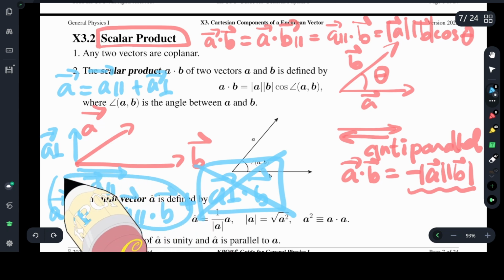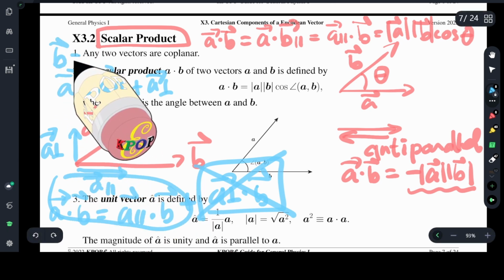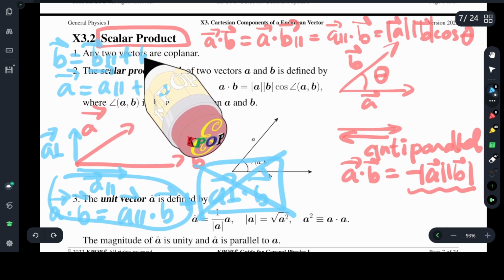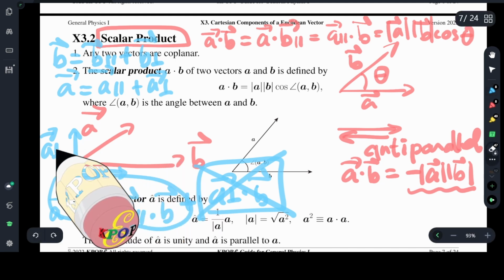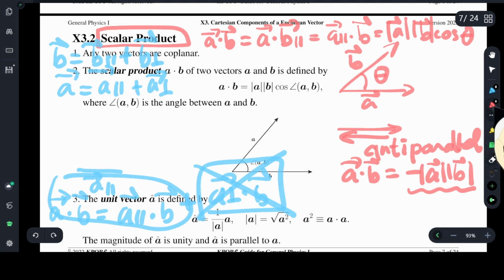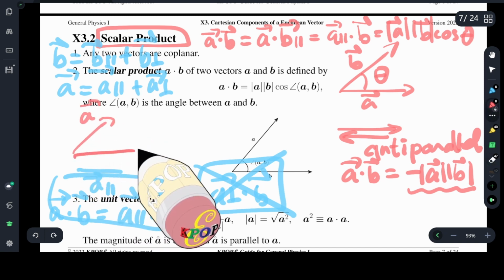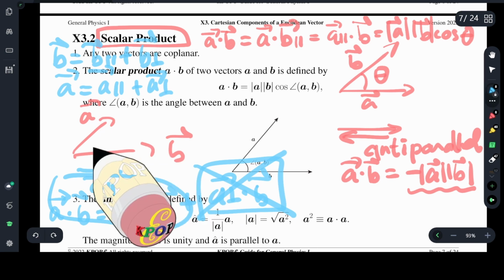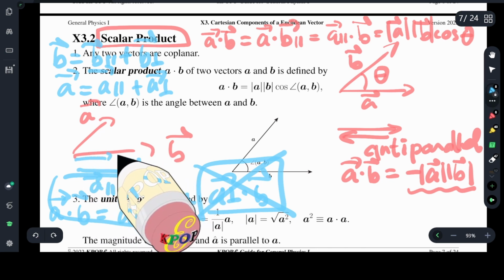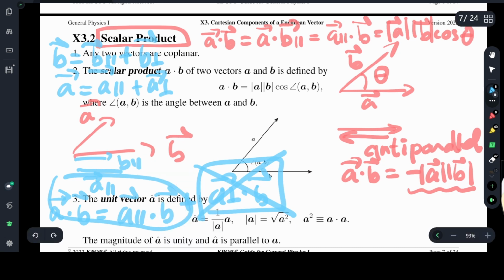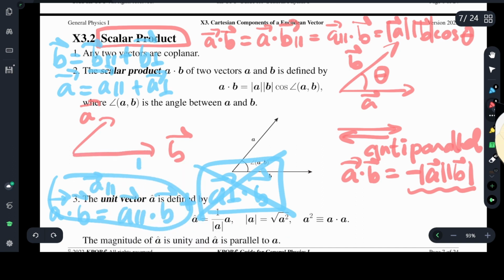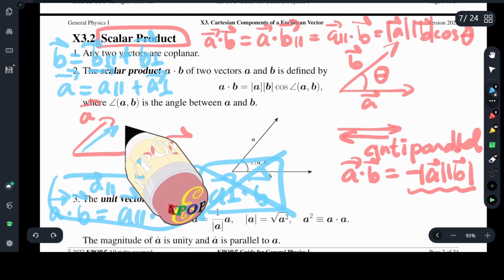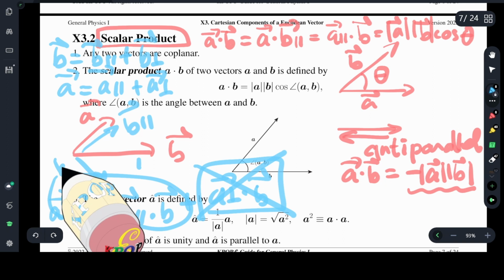In a similar manner, B can be decomposed into B parallel plus B perpendicular.